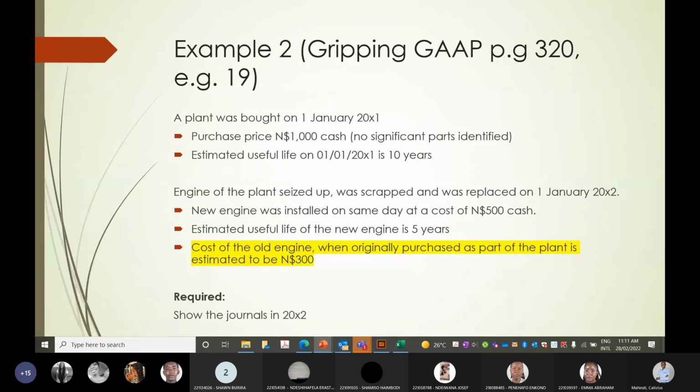Okay, so if we do that, how would we know what values we have to attach to the old engine?